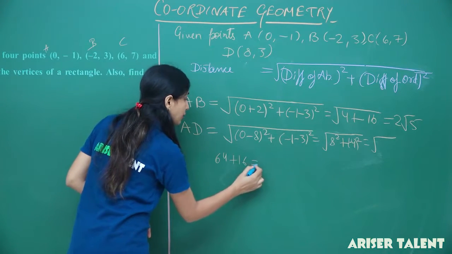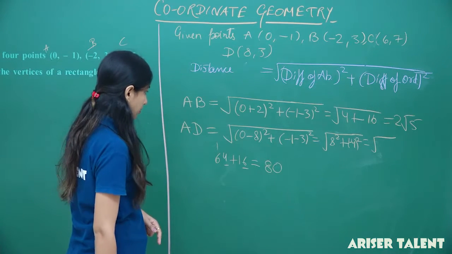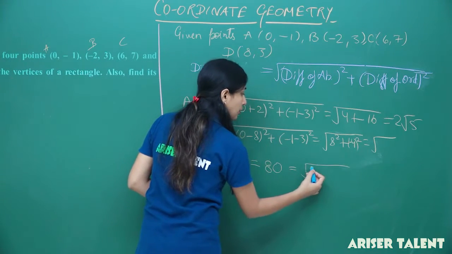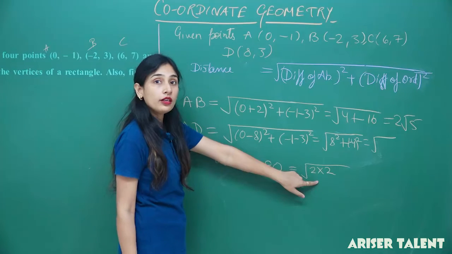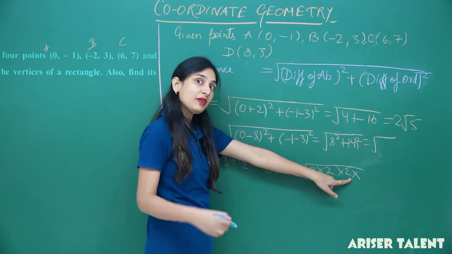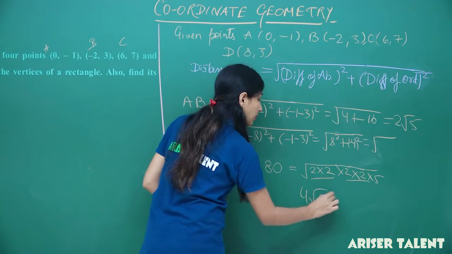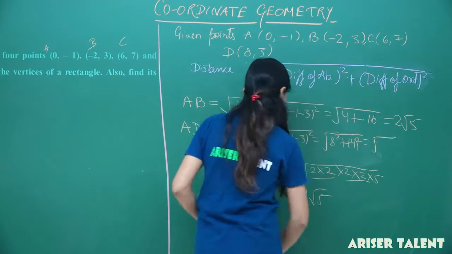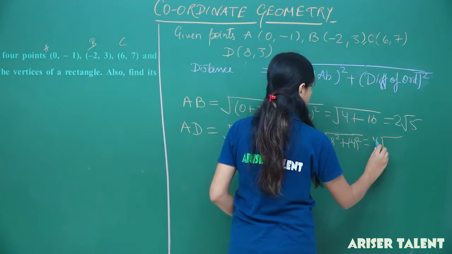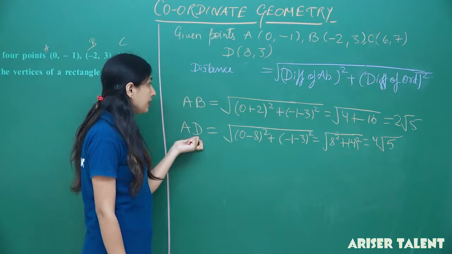So that will be 80, which is 2 multiplied by 2 multiplied by 2 multiplied by 2 multiplied by 5, so that will be 4 root 5. So this is about AD.